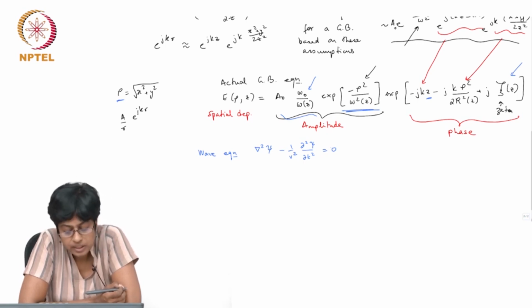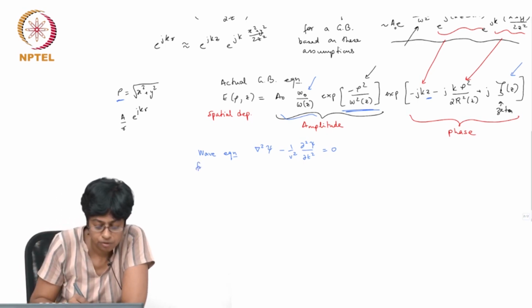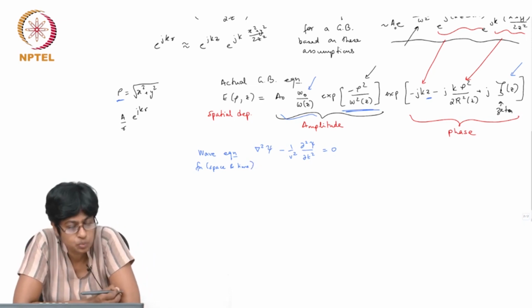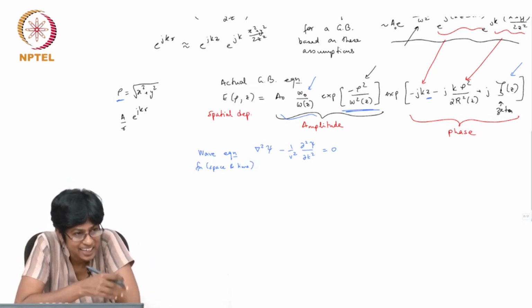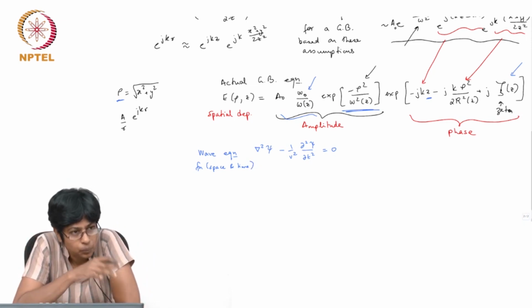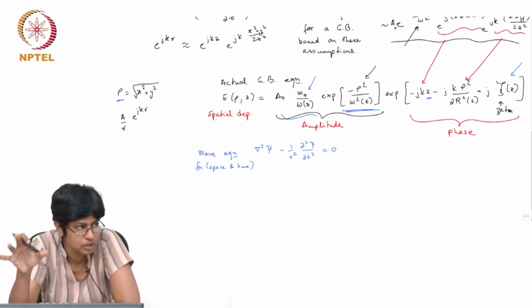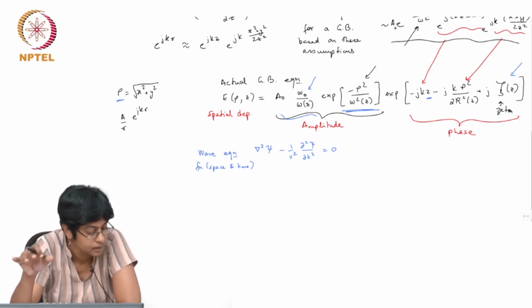But this equation, of course, is a function of space and time. And in a lot of cases, we can neglect the time part when you're just studying the wave. Finally, of course, if you want the full description of the wave, you need to include the time part.